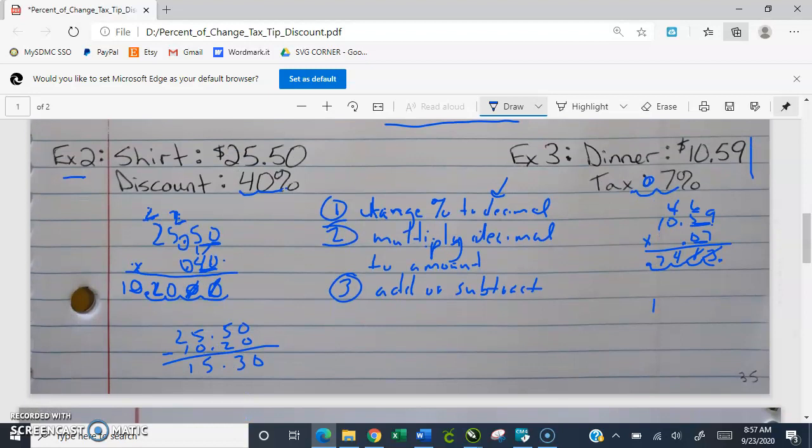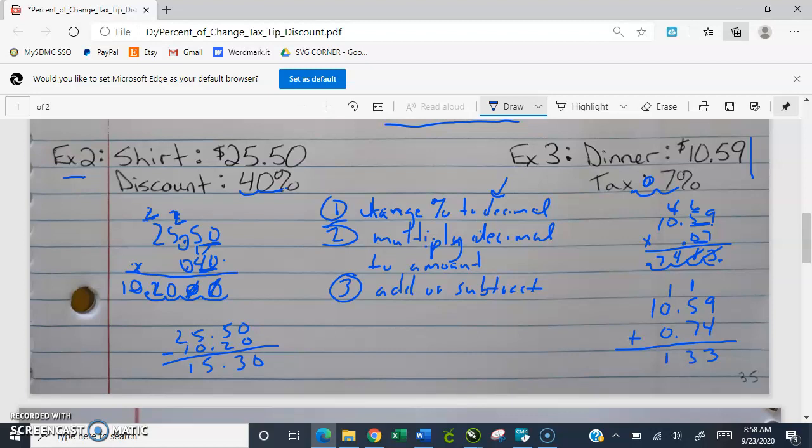So we have $10.59 plus 74 cents. When I'm adding, I want to make sure my decimals are lined up. So I have 9 plus 4 is 13. Carry the 1. 7 plus 5 is 12, plus 1 is 13. Carry the 1. 0 plus 0 is 0.